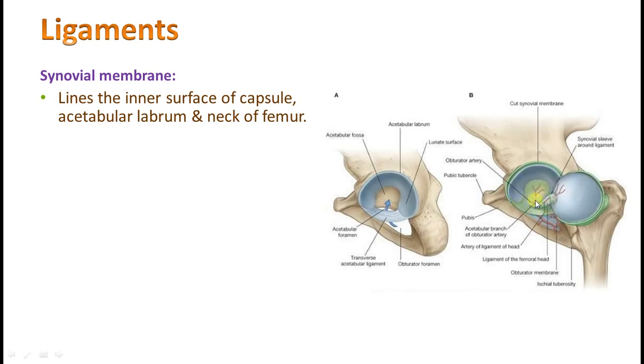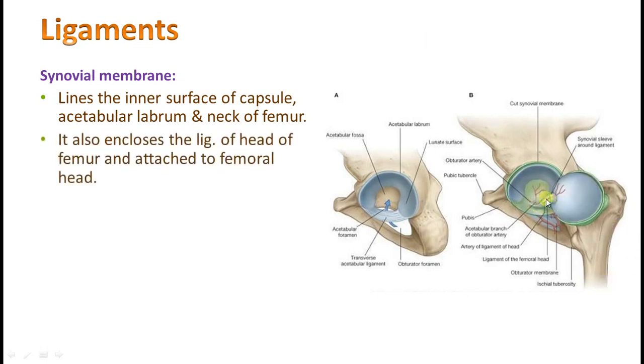Below and above, it lines the acetabular fat. So fat is outside the synovial membrane. Okay, so actually the synovial membrane lines the acetabular fat. So fat is extrasynovial. It doesn't come into the joint cavity.